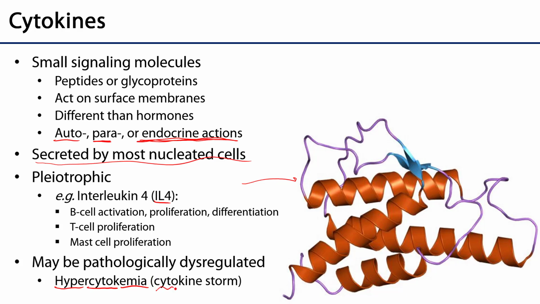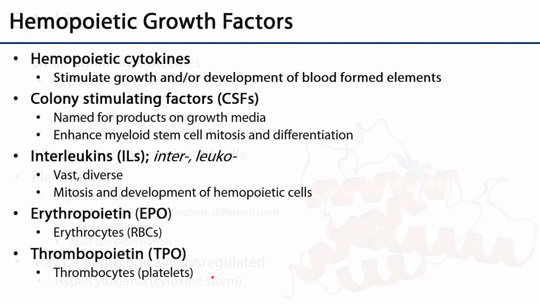Colloquially, this is referred to as cytokine storm. So you might have heard of this with respect to the flu or the COVID-19 pandemic. What happens here is an overabundance of cytokine can lead to an overabundance of inflammation and multi-system shutdown, which can be deadly.